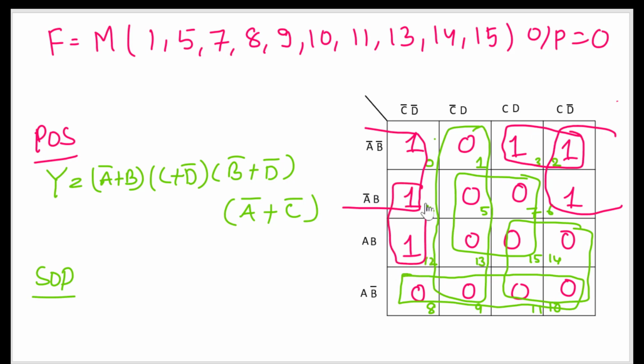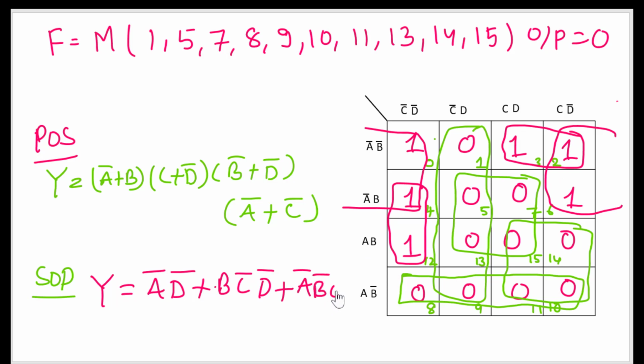So you're going to have one quad and two pairs. If you write the expression for the SOP form, first you write the quad, so you're going to have A bar D bar. If you take this as a pair, you're going to have B C bar D bar, and if you take this as a pair, you're going to have A bar B bar C. This is the SOP expression.